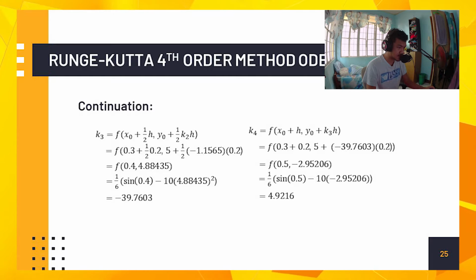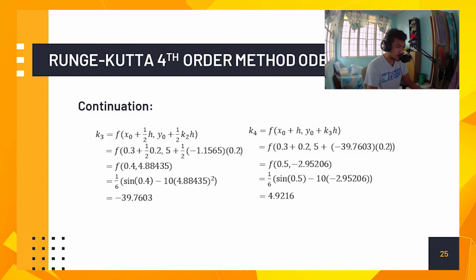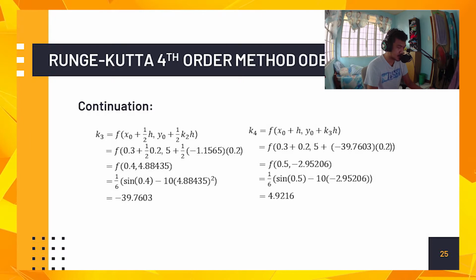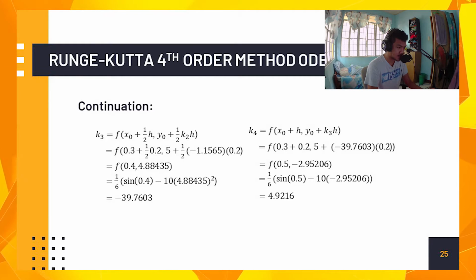For k sub 3, which is f of x sub 0 plus 1 half h comma y sub 0 plus 1 half k sub 2 h, by substituting the values we will have f of 0.3 plus 1 half times 0.2 comma 5 plus 1 half times negative 1.1565 times 0.2.